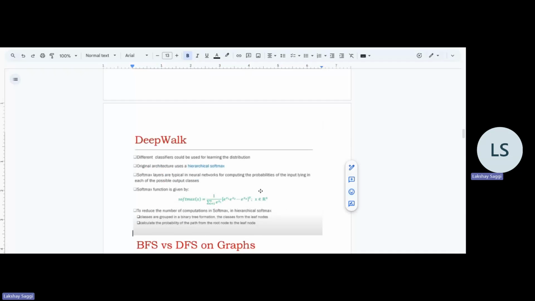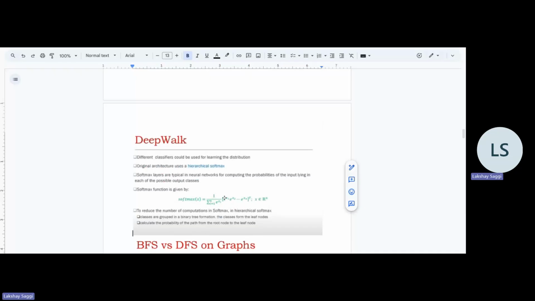Suppose there is a vector x of dimension n, so x has n coordinates x1 till xn. Then the softmax of x is given by this vector: e raised to the power x1, e raised to the power x2, till e raised to the power xn, transposed.